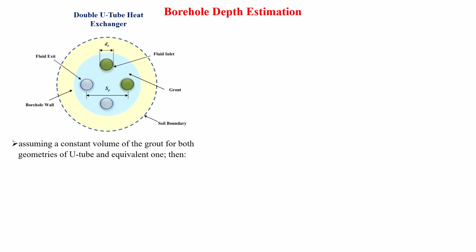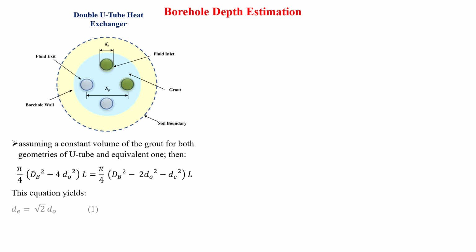If we consider the inlet part, then the volume of the grout should be constant and fixed for both geometries, which leads to D equivalent equals square root of 2 times D naught, which is the same form we obtained throughout our discussions for the design of a single U-tube.